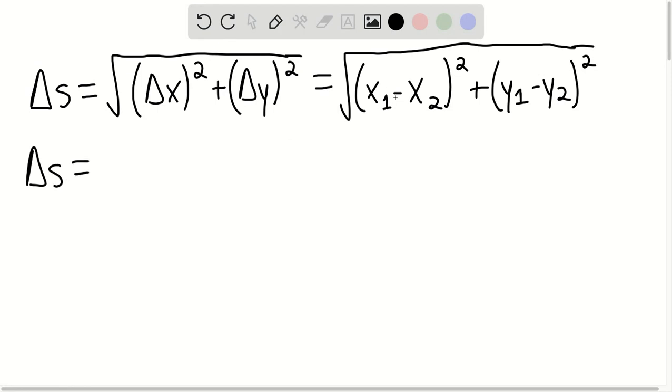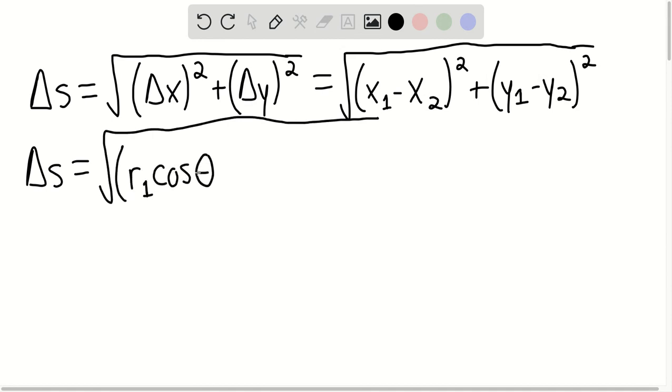Then we substitute in for x sub 1 and x sub 2, and we can say that this would then be equal to the square root. Here we have (r sub 1 cosine of theta sub 1.